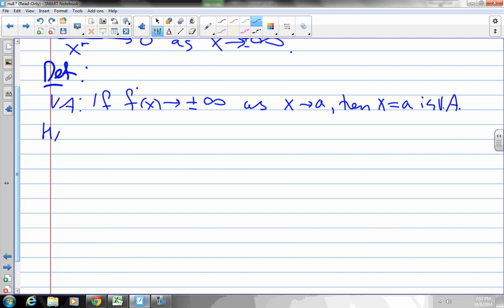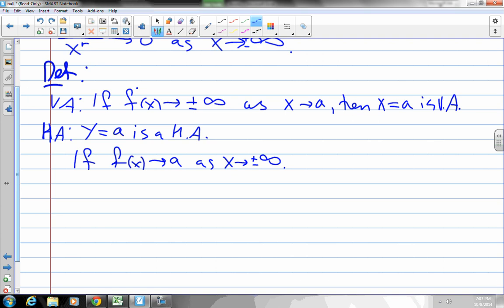The horizontal asymptote: y equals a is a horizontal asymptote if f of x approaches a as x goes to positive or negative infinity. So it's kind of the opposite. Now the function approaches a number as you travel outwards on the x-axis, left or right.